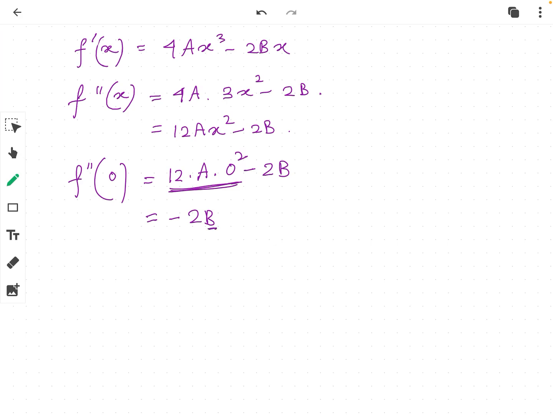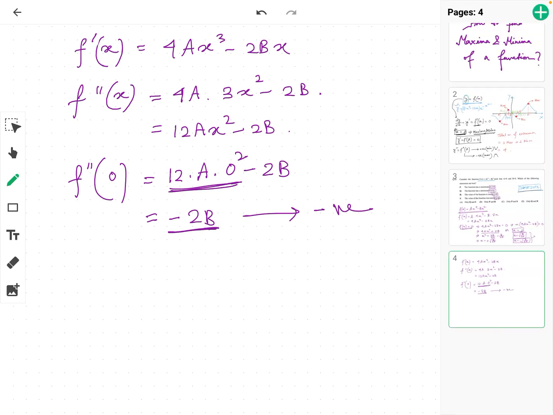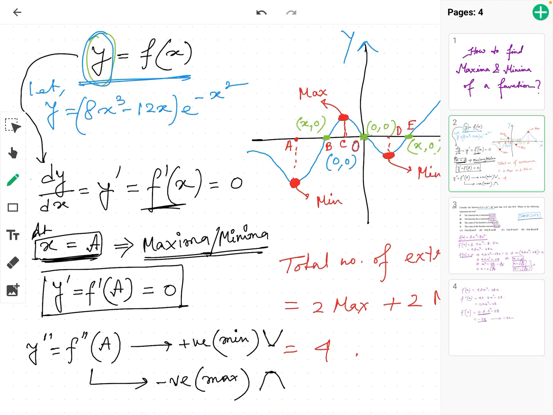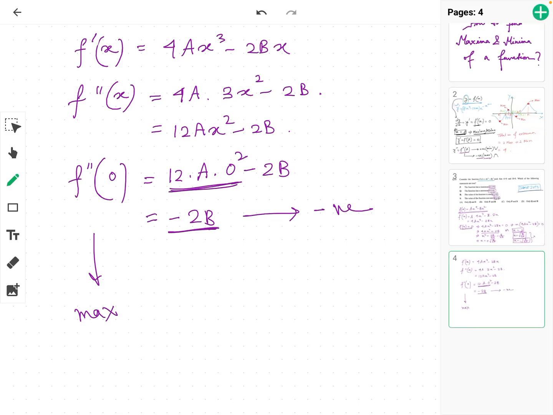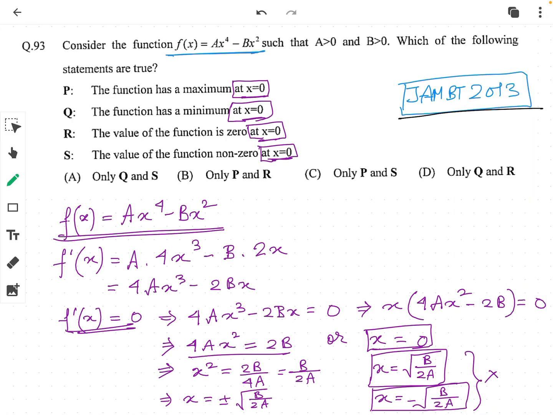So this term is a negative term, right? This is negative, and as I said previously, if f double prime is negative, that means it is a maxima. So at x equals 0 we get a maximum.